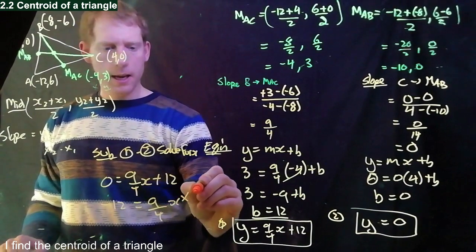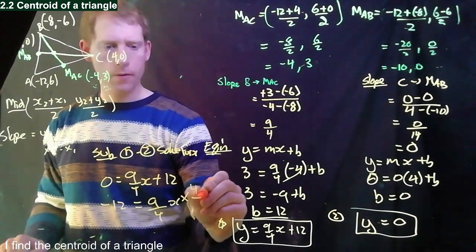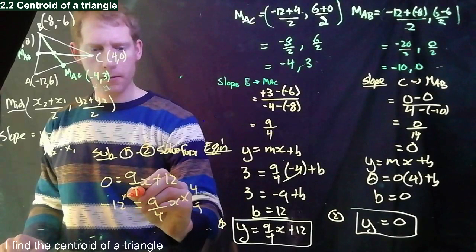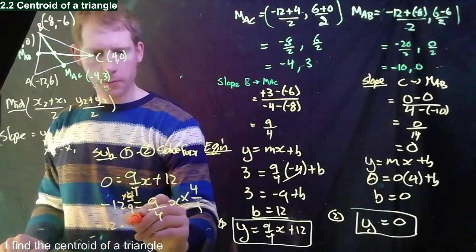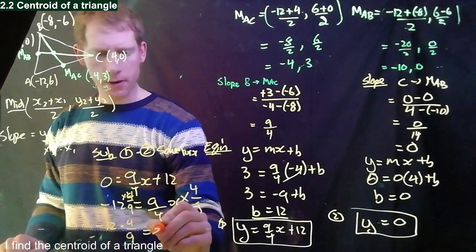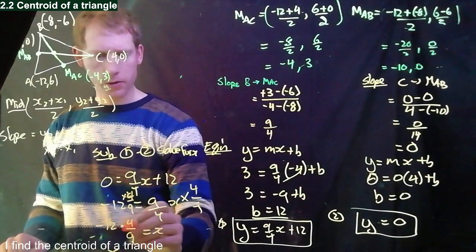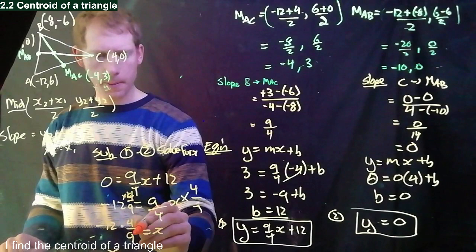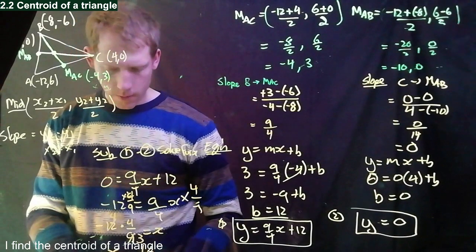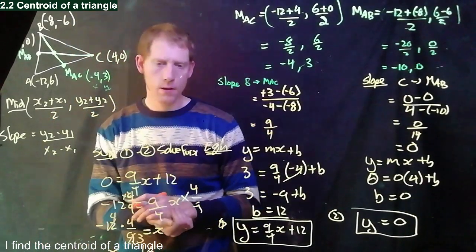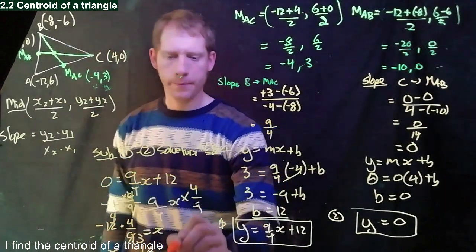So cross multiply: negative 12 multiplied by 4 over 9 is equal to x. So x is going to be equal to 16 over 3.